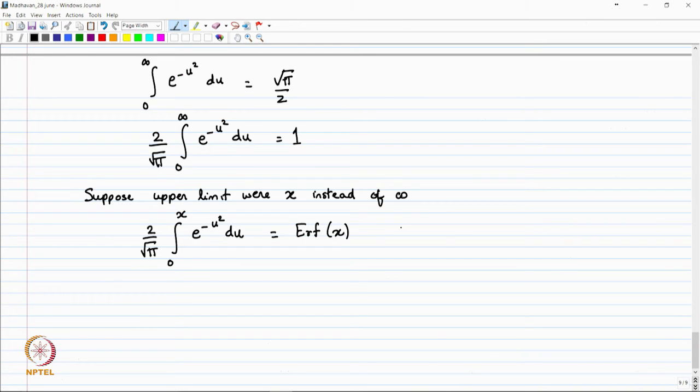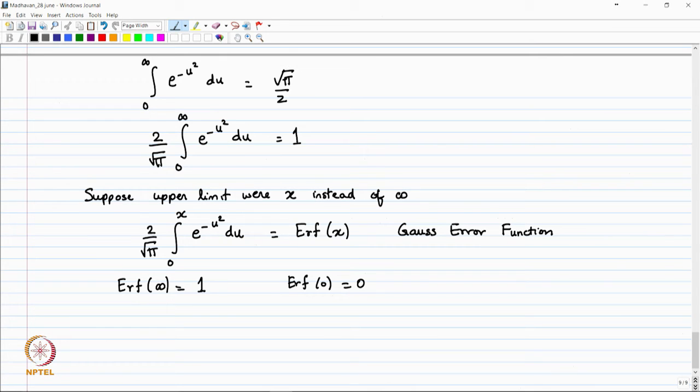This is called the Gauss error function, or simply the error function. So, what do you know about the error function? We know that ERF of infinity is equal to 1, ERF of 0 equal to 0.